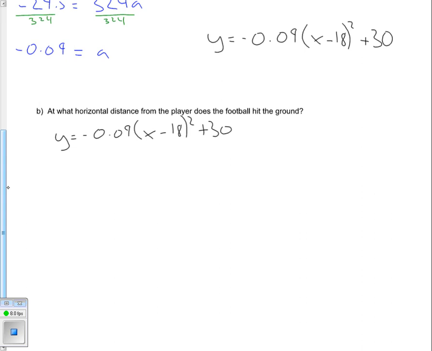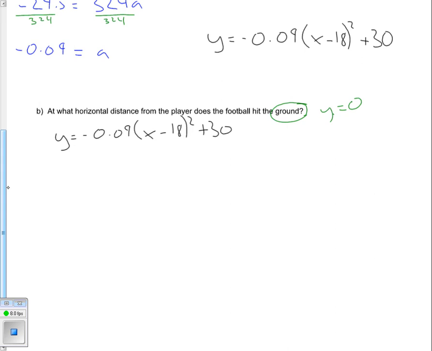And if the ball hits the ground, and that's the key, what is the height of the ball when it hits the ground? Well, when it hits the ground, the height equals 0. And height in this instance is represented by the y coordinate.